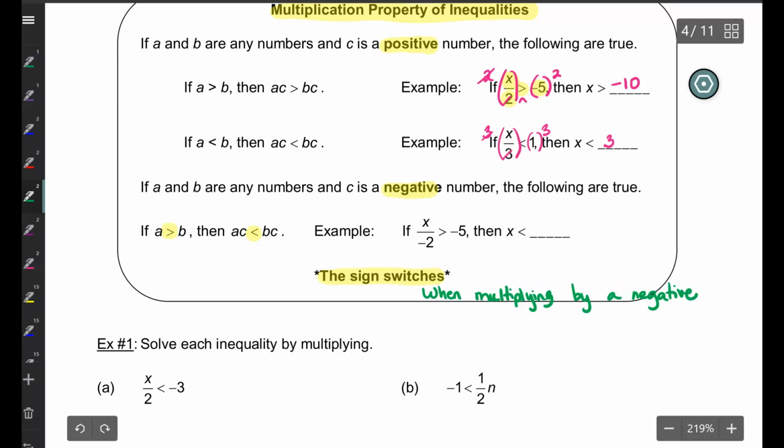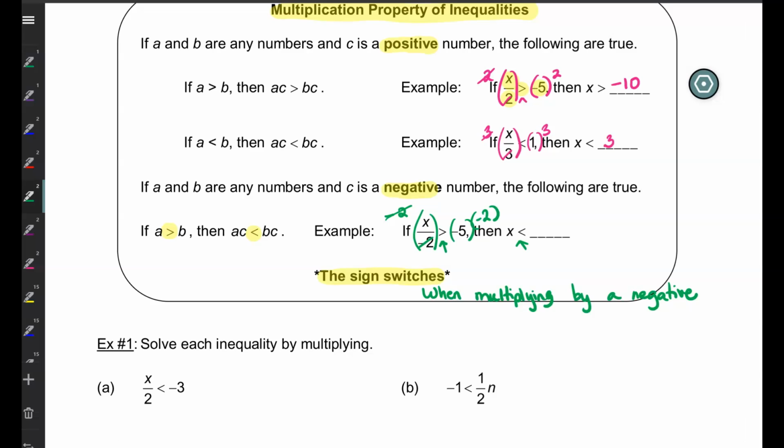So in this example, when we multiply both sides by -2, these are going to cancel, and then the greater than sign switches to less than. And then we multiply the right side, so -5 times -2 is a positive 10.